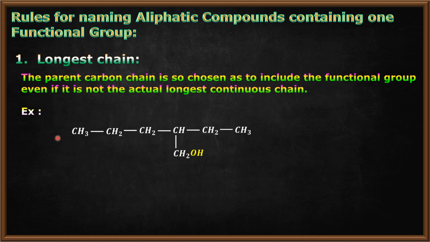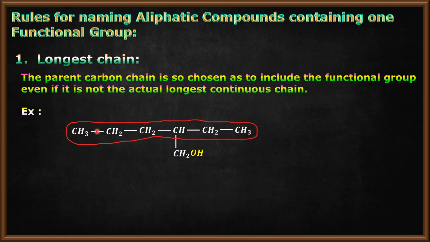This is an organic compound and contains one functional group, the alcohol functional group OH. We have to select the longest continuous chain of carbon atoms in naming this compound. At first, this one is the actual longest continuous chain.